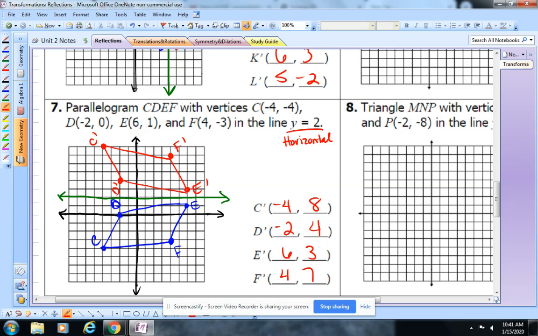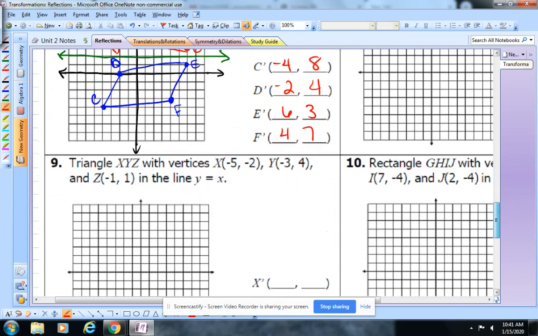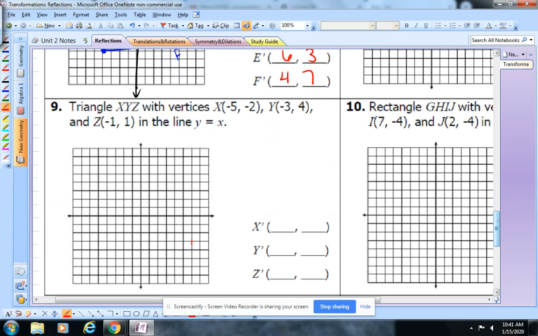The last kinds of examples get a little bit more complicated. Okay? Let's go ahead and graph that triangle, please. And then we'll talk about that reflection. So please go ahead and graph the triangle for me.